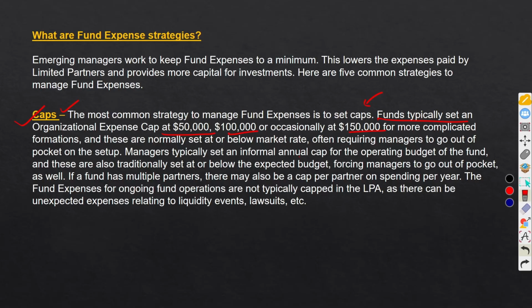The fund expense for ongoing fund operations is not typically capped in the LPA, the limited partnership agreement, as there can be expected expenses relating to liquidity events or lawsuits. Even if you set the caps, sometimes you would see penalties, liquidity events, or anything unexpected. The fund manager will cover those expenses, but on and above your caps.